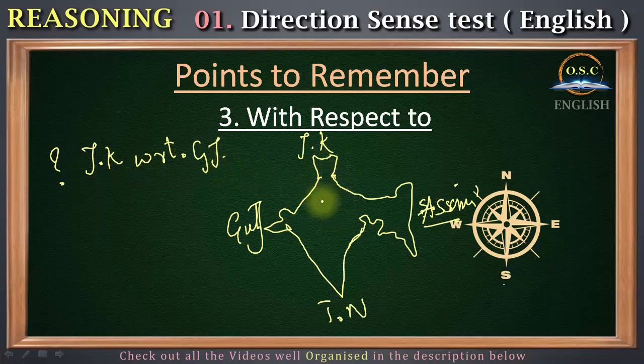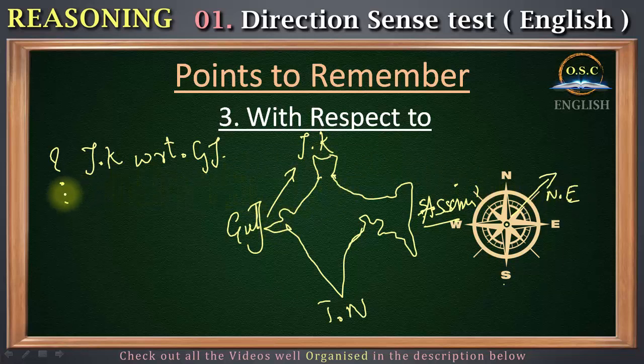With respect to India, Jammu and Kashmir is in the north, but with respect to Gujarat, where is Jammu and Kashmir? Exactly. So what you need to do here is, whatever is given at the end, with respect to Gujarat, you have to consider Gujarat in the middle. Gujarat is over here, so in this direction, that makes it the northeastern direction. So Jammu and Kashmir is in the northeast direction of Gujarat.